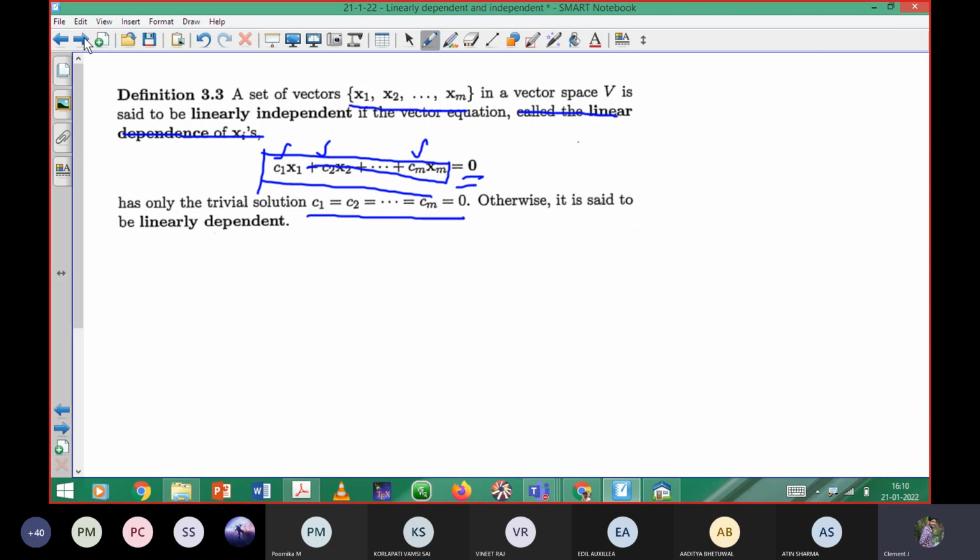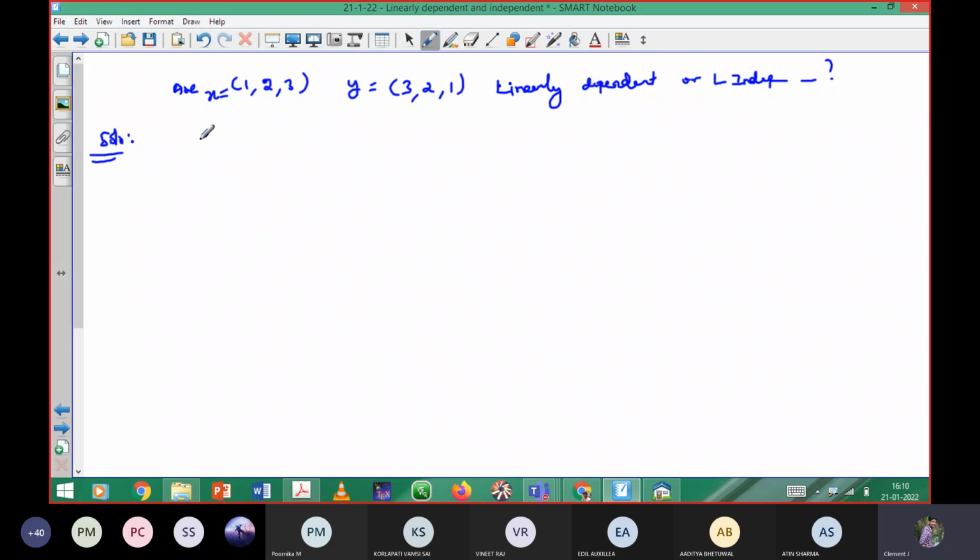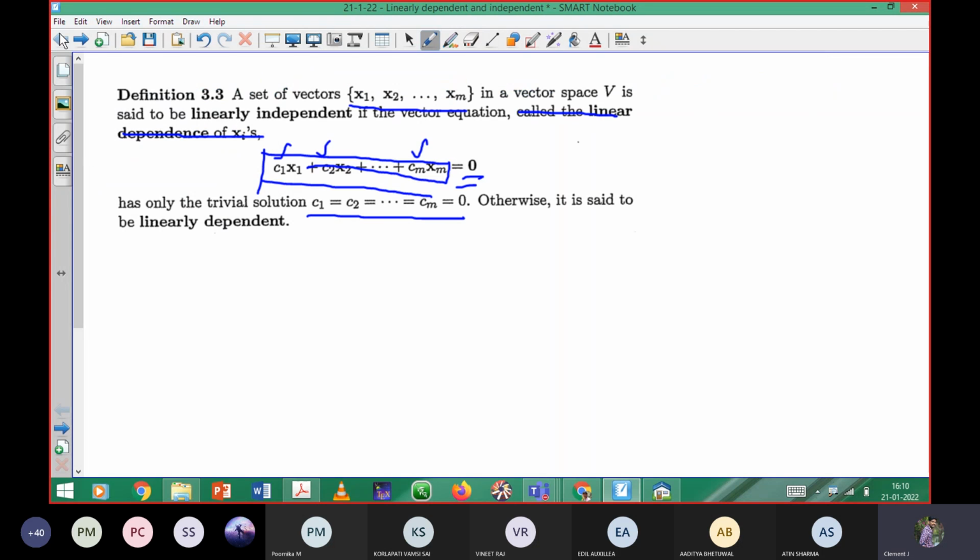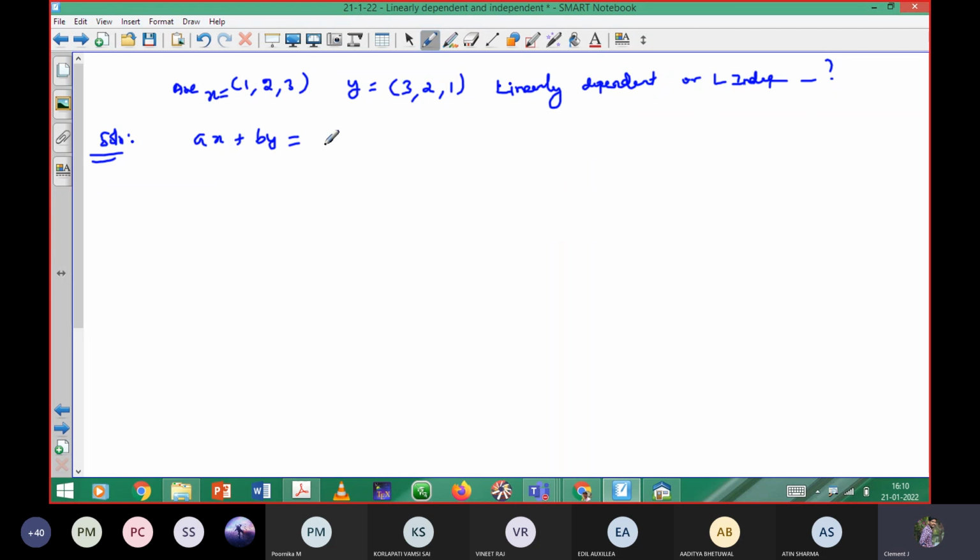So linear combination means a x plus b y equal to, what is the right hand side? Any guess? 0. Very good. That is the condition to verify.